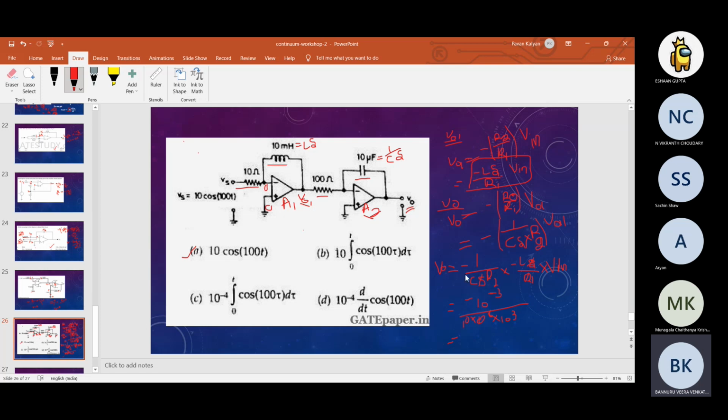So it will become 10 times V in. Since he has taken V in as 10 cos omega t, it will become 100 cos omega t. But I think there is a mistake here. It will be cos 100 t. Then it will become answer A, 10 omega cos 100 t.